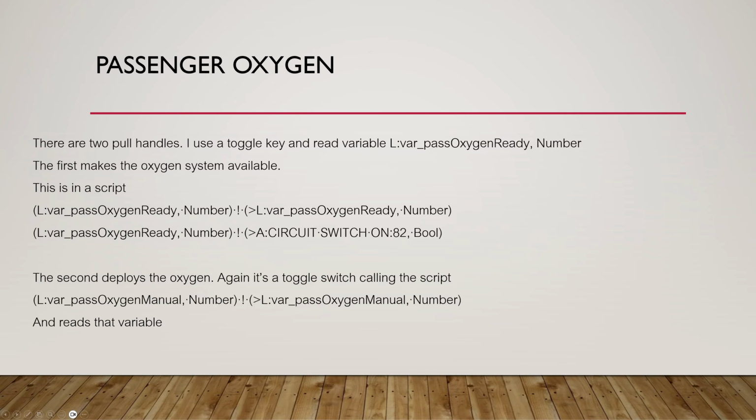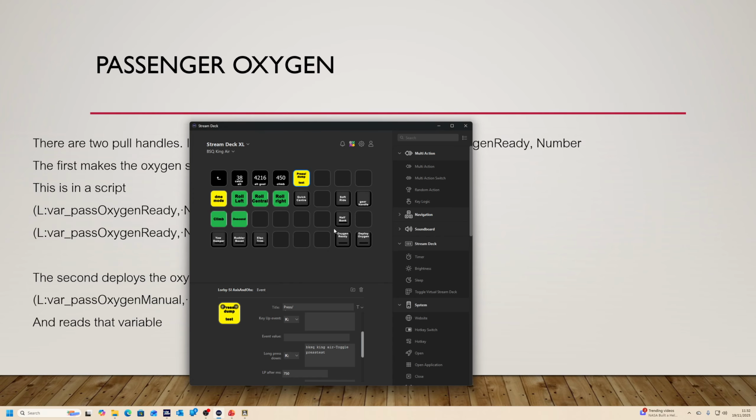So on my Stream Deck, bring that in, my oxygen ready is a toggle switch, a function, calls the script, and I read that value that we've been changing, because then it turns the indicator on for me so I can see whether we've deployed it or not.